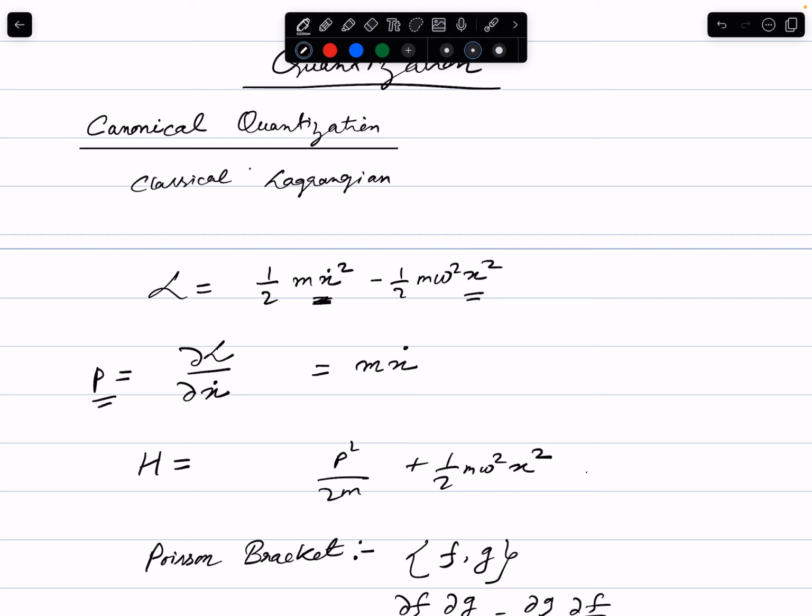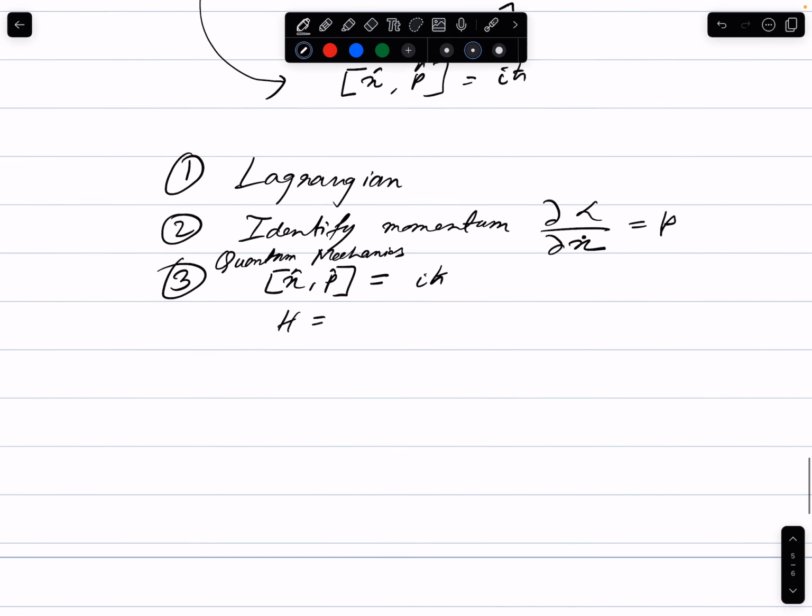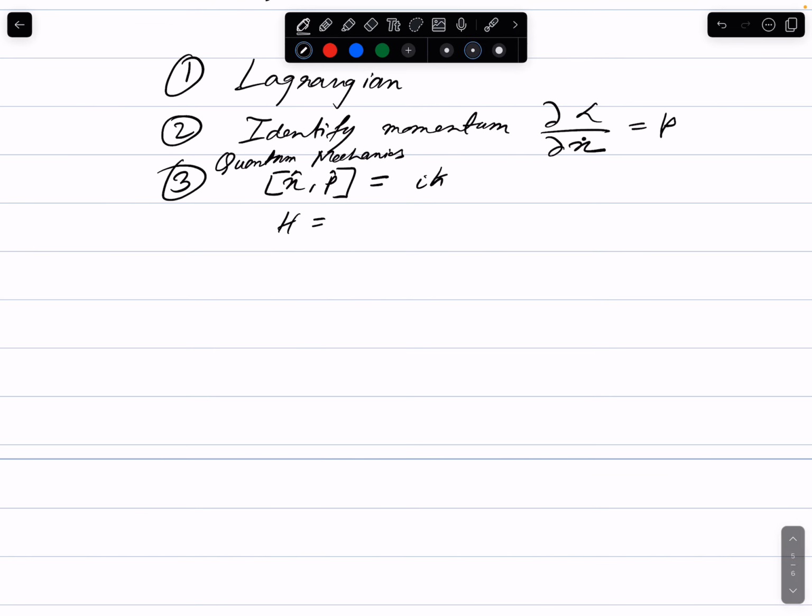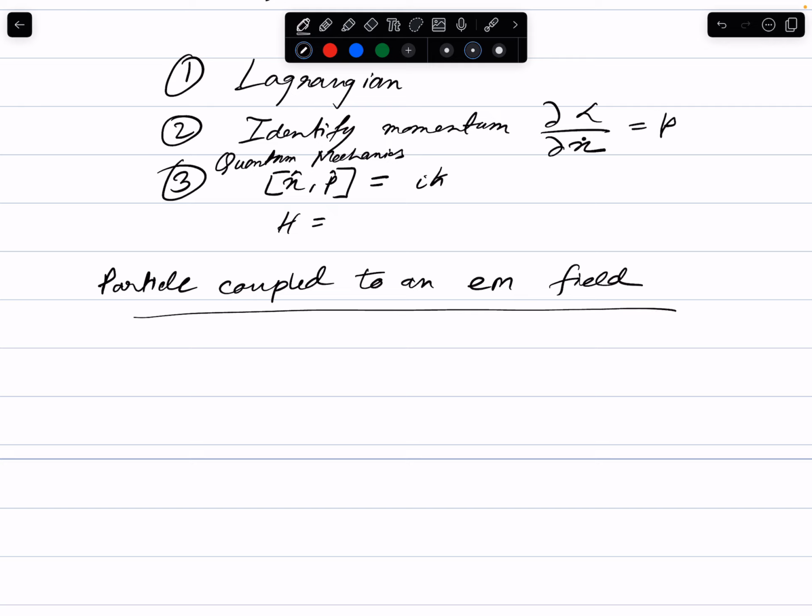In some cases this will not give you the usual mechanical momentum. So for example, if you have a particle coupled to an electromagnetic field, you will find that this p is no longer equal to m x dot.